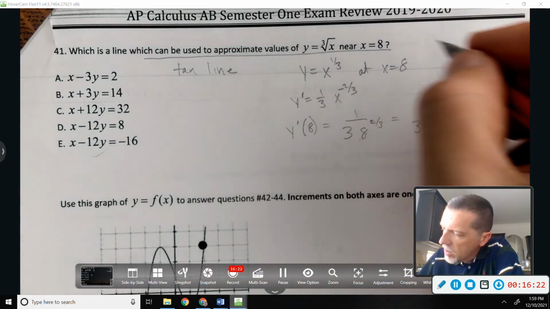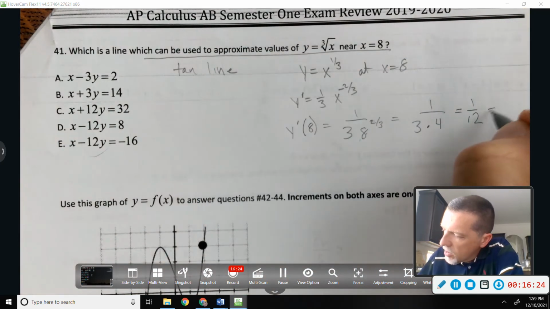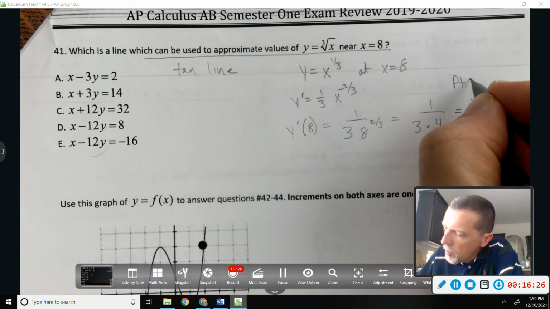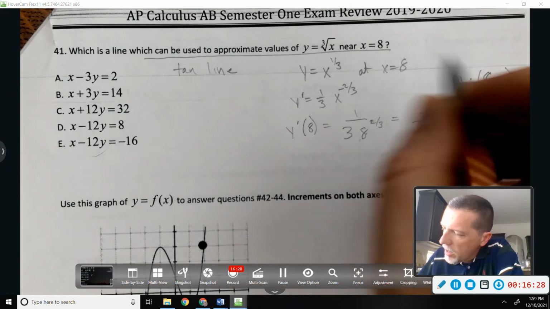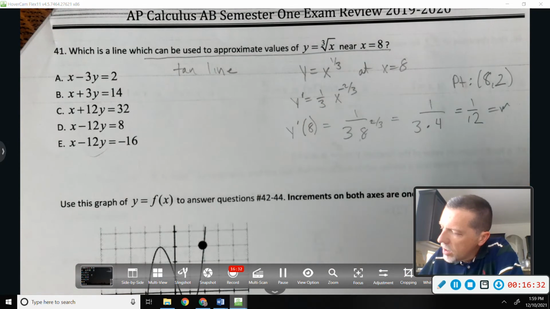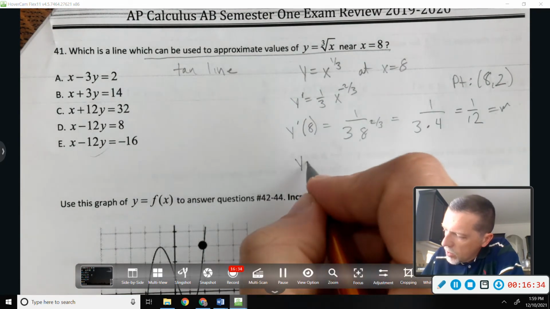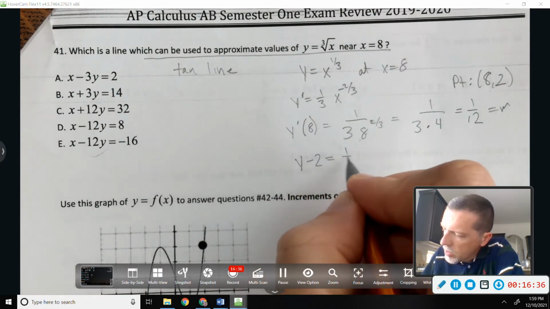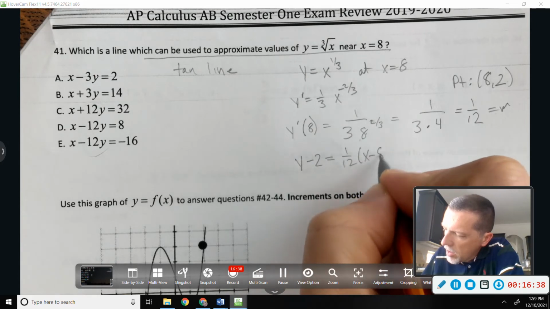So there's my slope. The point would be plug in 8 and see what you get. Cube root of 8 is 2. So y minus 2 equals 1/12 (x minus 8).